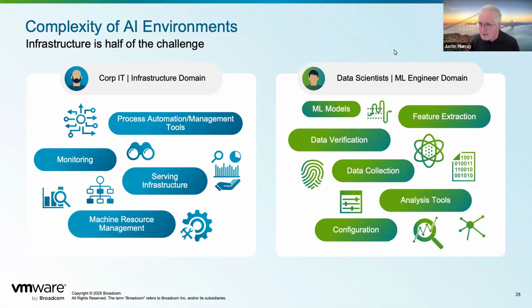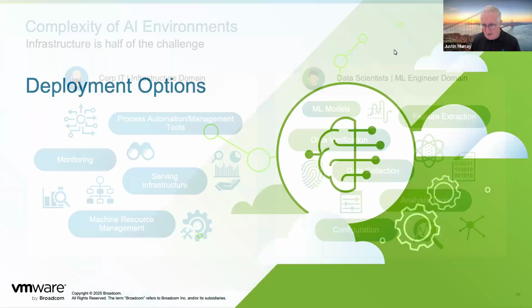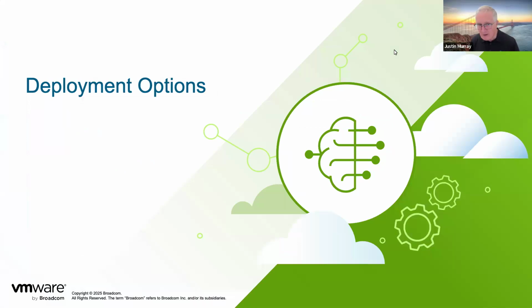The things on the right-hand side, choosing models, doing feature extraction, data verification, that's the real data scientist. We want to put the highly paid data scientists on that work, not on the infrastructure work that we want to take back and give to corporate IT, and have those folks manage this workload just like they're managing every other workload.